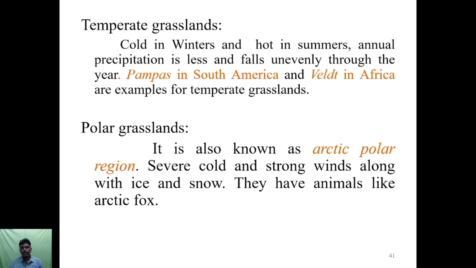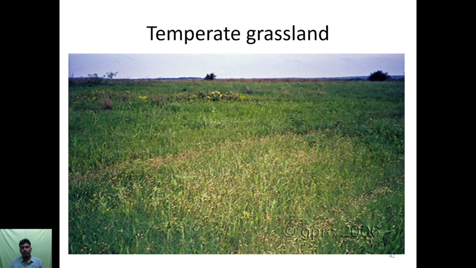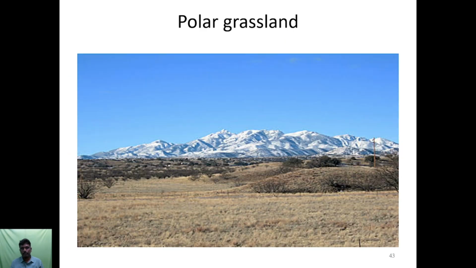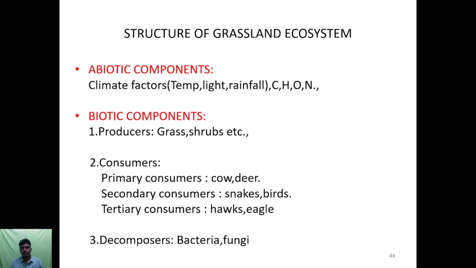Then polar grasslands. It is also known as Arctic polar regions. Severe cold and strong winds along with ice and snow are available in these grasslands. They have animals like Arctic fox. This is the polar grassland.